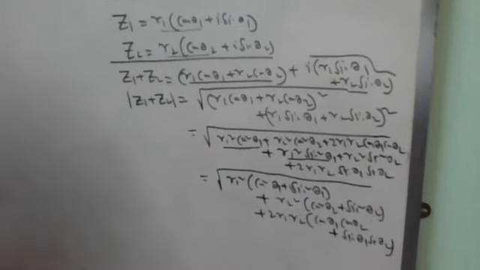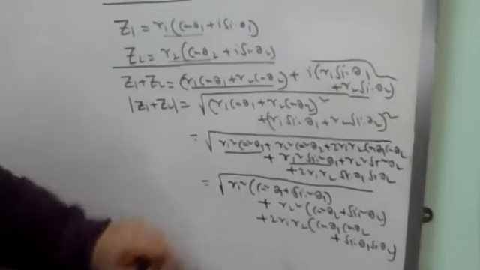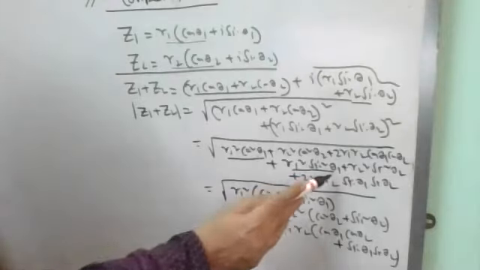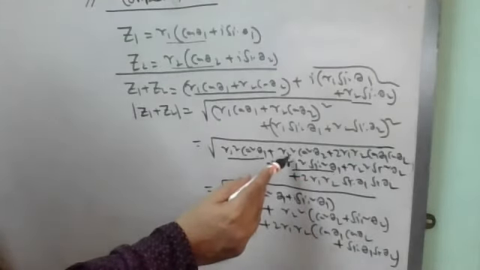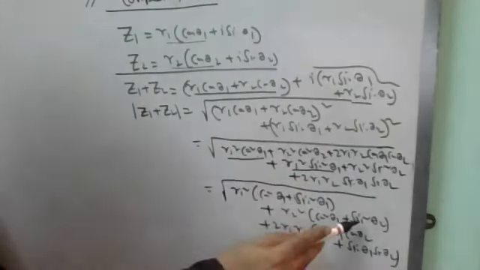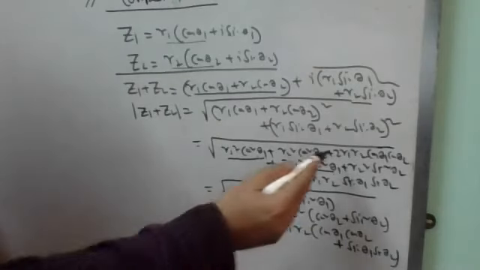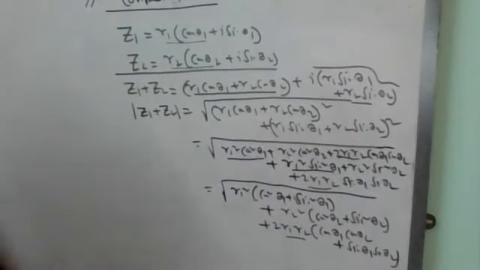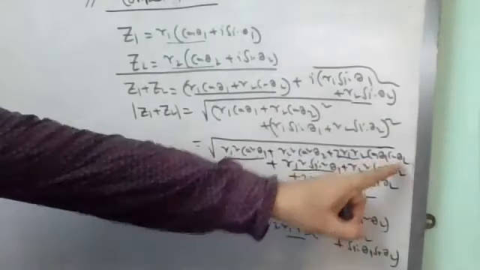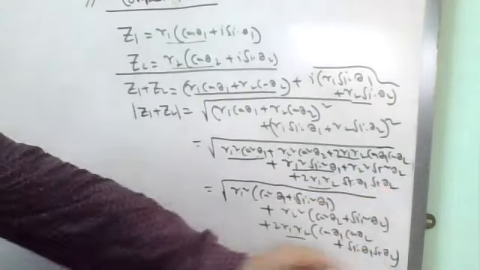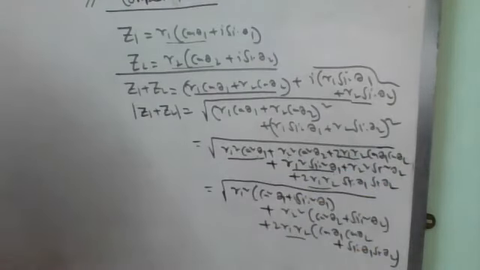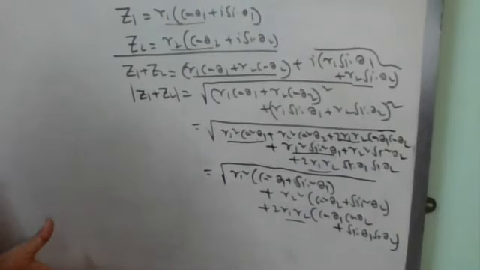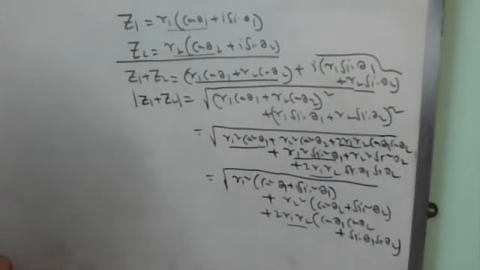Okay, see, I have clubbed r1² cos² theta1 and r1² sin² theta1 in a bracket, r2² cos² theta2 and r2² sin² theta2 in a bracket, and from the rest, 2 r1 r2 I have taken common. What will remain in the bracket? cos theta1 cos theta2 + sin theta1 sin theta2. Okay, hope you understood. Not that much toughness you are getting, I think. It's so simple.